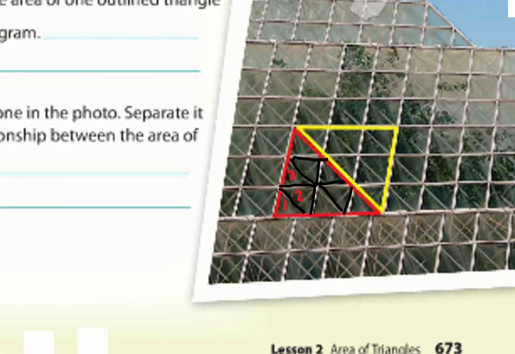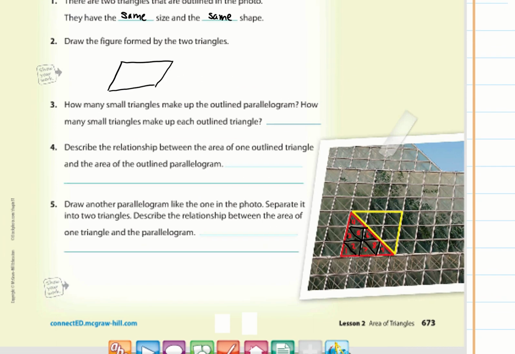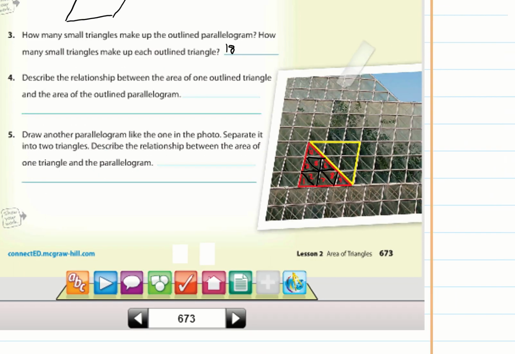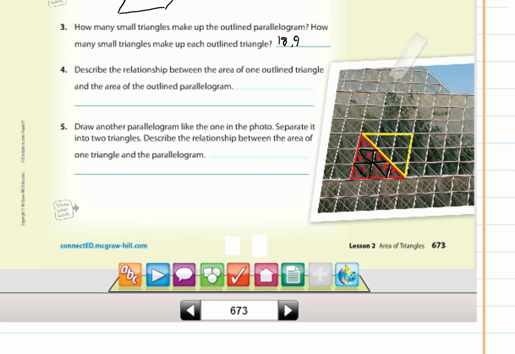If that has 9, I know the whole parallelogram is going to have 18 triangles. So 18 triangles in the entire parallelogram, and the outlined triangle only has 9 triangles inside.